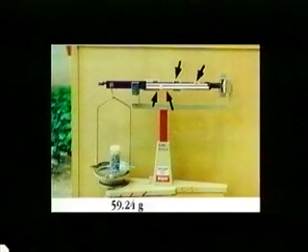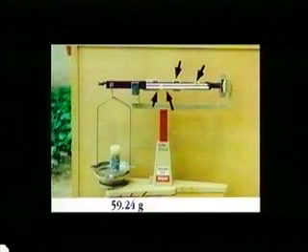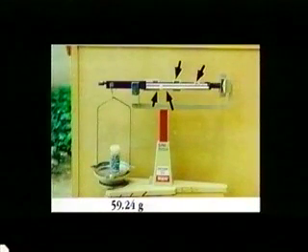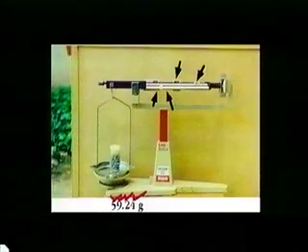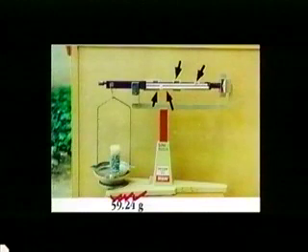We'll just say, in this case, 4. And so I would record then the mass as 59.24 grams. Or in other words, we have 3 numbers here that we're certain of, and a 4th number, which is my first uncertain, and all 4 of those measured numbers then are referred to as significant figures.